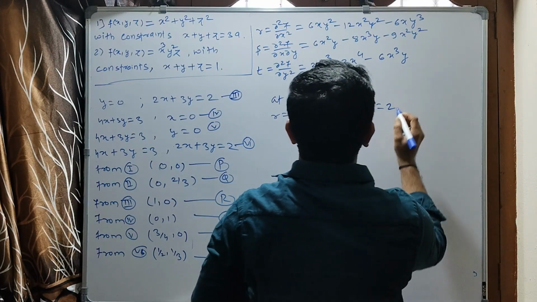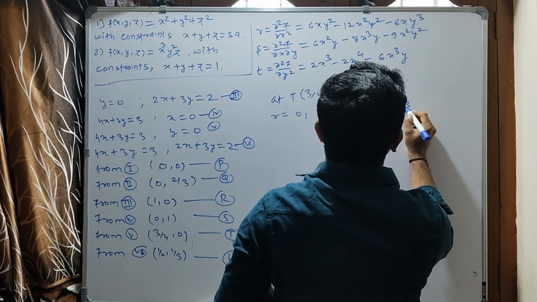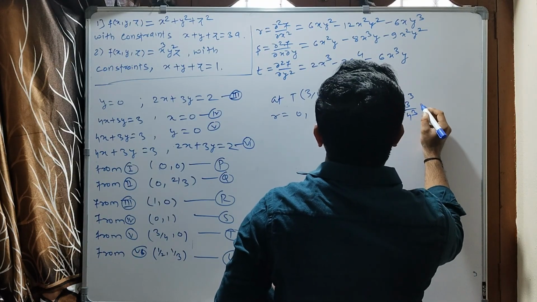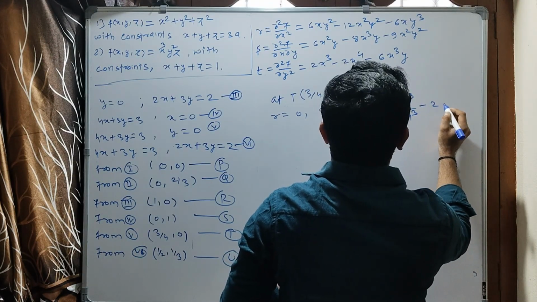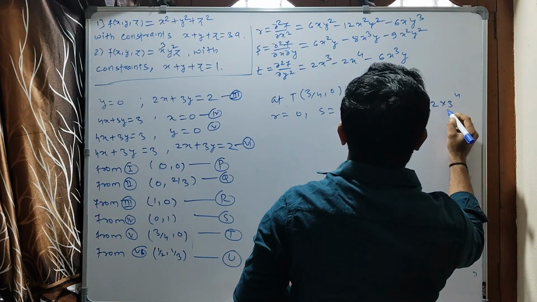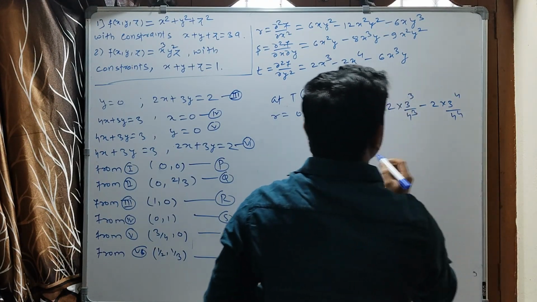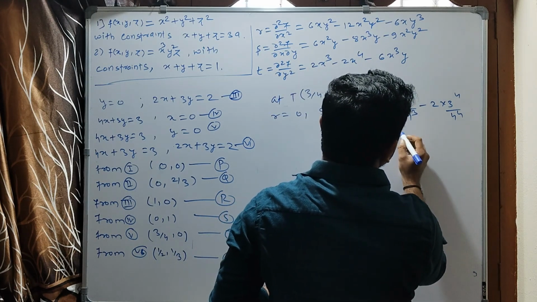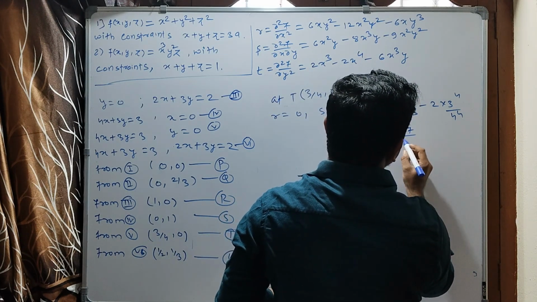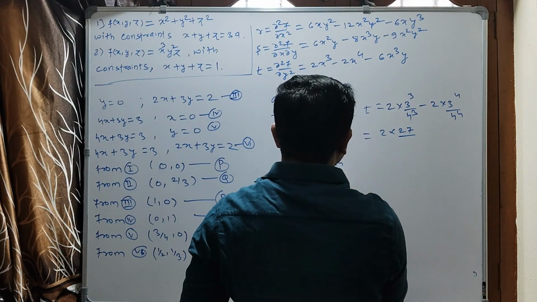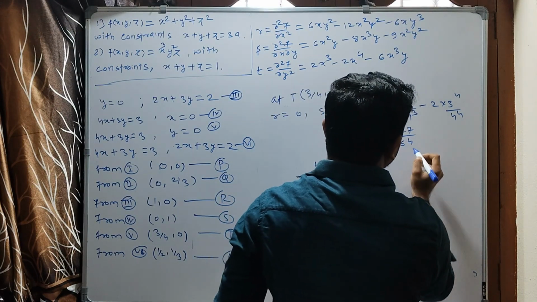so therefore x is 3 by 4, 3 to the power cube by 4 cube minus 2 times 3 to the power 4 by 4 to the power 4. So which is equal to 2 into 3 cube is 27 divided by 4 cube. 4 into 4 into 4 is 64.